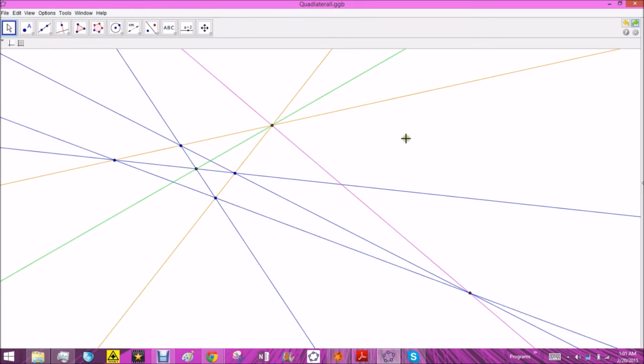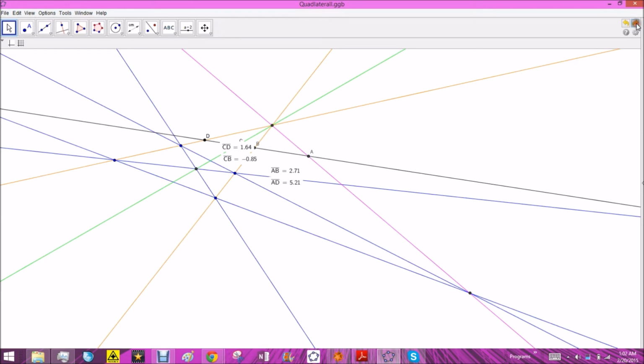So if this truly is a harmonic pencil, then if we just add an extra line onto this picture, like say this black one here, and look at all the places where these 4 lines meet this new line, well, that should give us a harmonic range. And if we do the measurements, we find that indeed we do have a harmonic range.